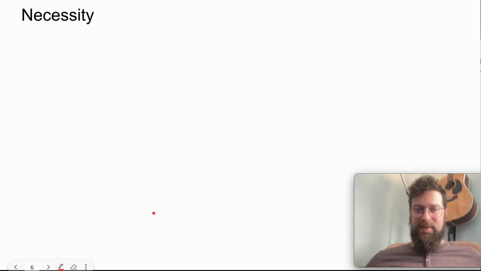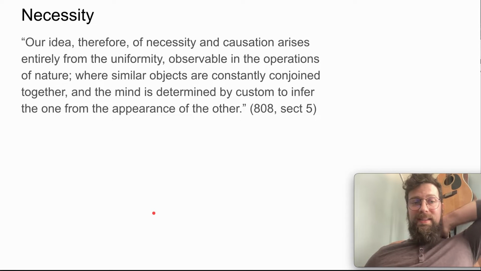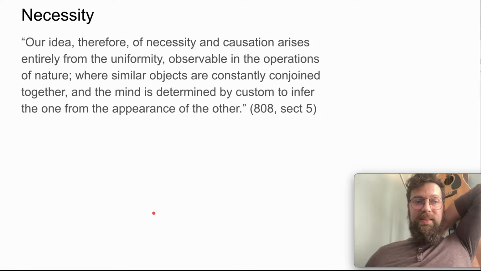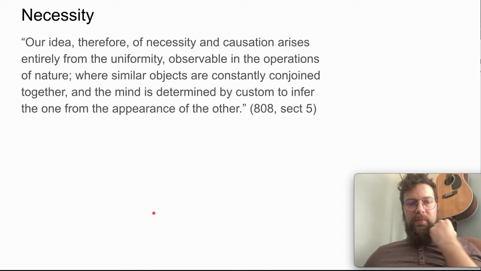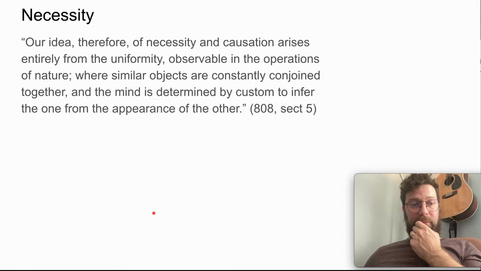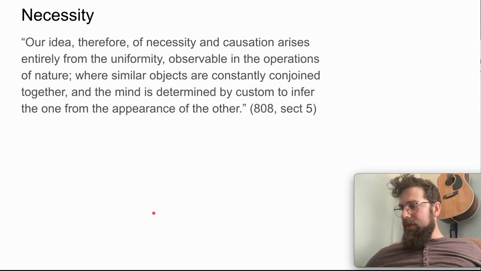First, let's think about necessity. Hume tells us that our idea of necessity and causation arises entirely from the uniformity observable in the operations of nature, where similar objects are constantly conjoined together, and where the mind is determined by custom to infer the one from the appearance of the other. So this is the chapter 7 definition of necessity and causation, right?